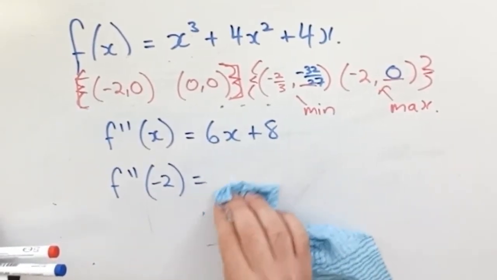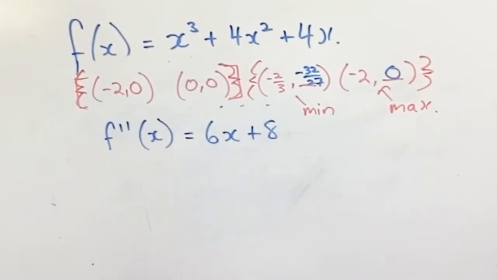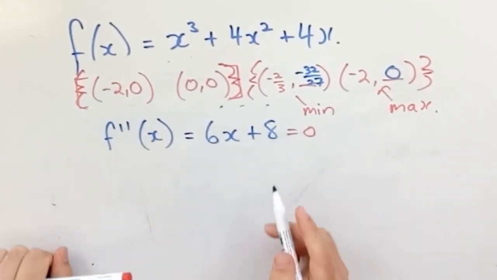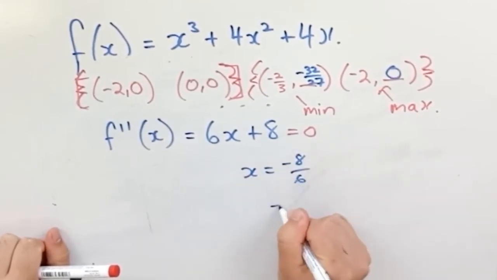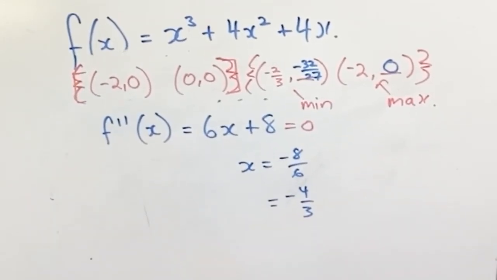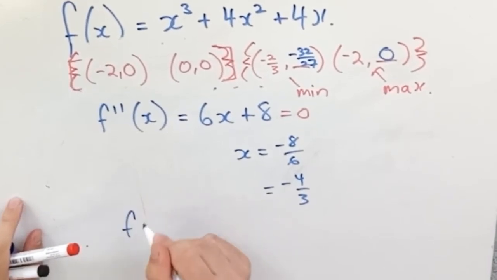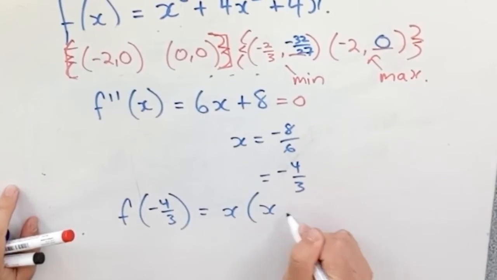We could also try and find if there are any points of inflection. So let's set this equal to naught. Find out what our x is. Well, between the max and the min, there has to be a point of inflection somewhere. So I get x equals negative 8 on 6, which is negative 4/3. So at x equals negative 4/3, we should have a point of inflection. So let's stick negative 4/3 back into the original function.